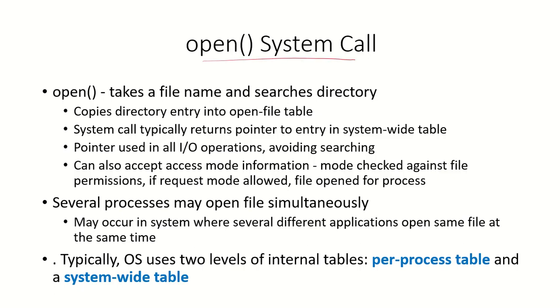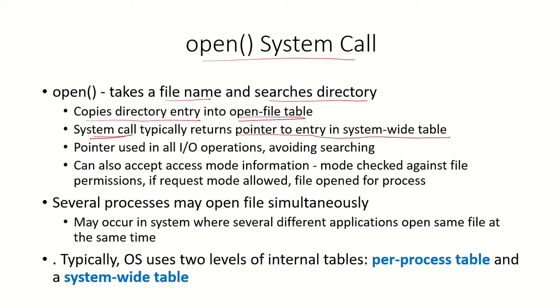Now the open system call takes a file name and it will search the directory for that particular file. It will copy the directory entry into the open file table. So an open file table is maintained and the directory entry will be copied into that open file table. Now this system call will return a pointer to the entry in the system-wide table.